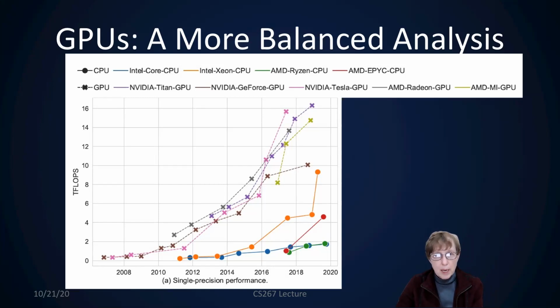This is a paper, and I will add the citation to it, but it was looking at these CPUs, which are all of the round dots down at the bottom, and the GPUs have all the crosses. So you can see that over time, there has been a substantial difference. This is a linear scale, though, and this is in teraflops. You can see that there are some cases where the CPUs may have caught up.